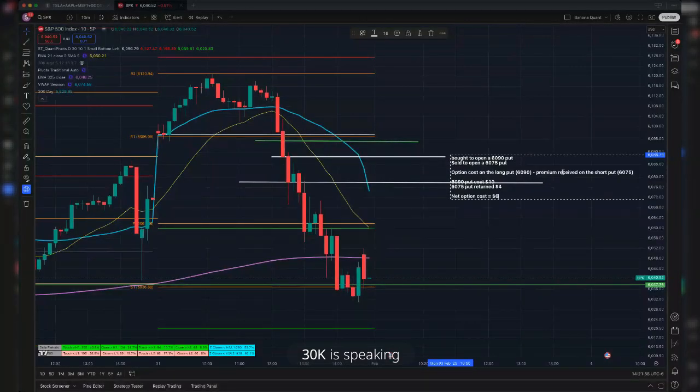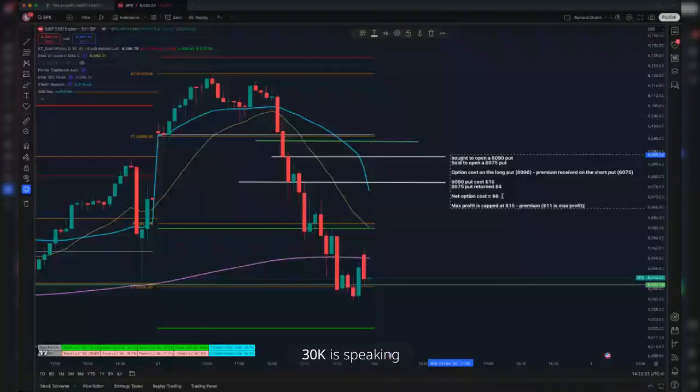So in this scenario, let me move this line out of the way. All right, in this scenario, your max profit, this is important, is capped at $15 minus premium. So $11 is your max profit, right? Max risk is $6.